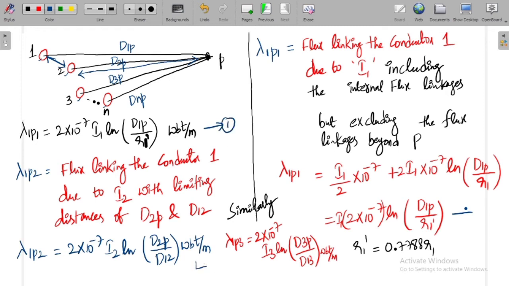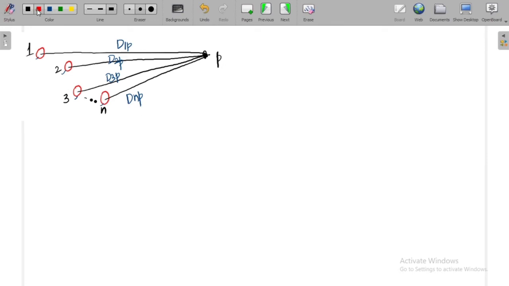Now consider this as the first equation, second equation, and this as the third equation, because all these are the flux linkages to the conductor 1 due to all the currents, which are I1, I2 and I3. Like that, you can find the expressions up to the nth current, which is In, and finding all these expressions and adding together, you will get lambda 1P as lambda 1P1 plus lambda 1P2 plus lambda 1P3 and so on, lambda 1Pn. Right?